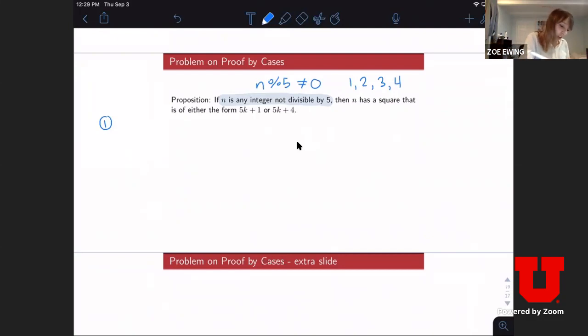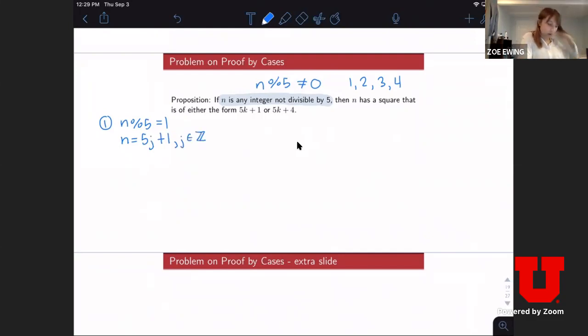Okay. So for the first case, we've got that n mod 5 is equal to 1, which basically means that n is equal to 5 times some integer, let's call it j, plus 1. And then we have to specify that j is an integer.